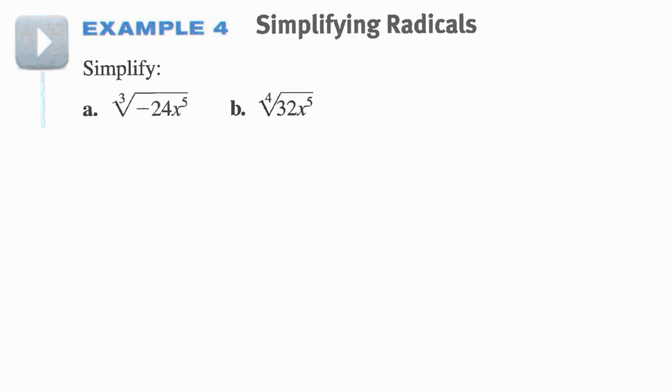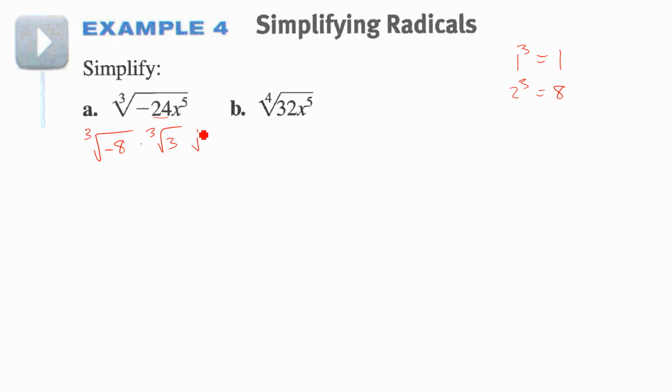Okay, so simplifying our radicals here. We're going to break this down in just the same way. It's a cube root, so let's have our list of perfect cubes. 1 cubed is 1, okay, not helpful. 2 cubed is 8, and 8 goes into 24, so let's pull that out. I'm going to pull the negative out with it, because I can do the cube root of negative 8 times the cube root of 3, because 8 times 3 is 24.